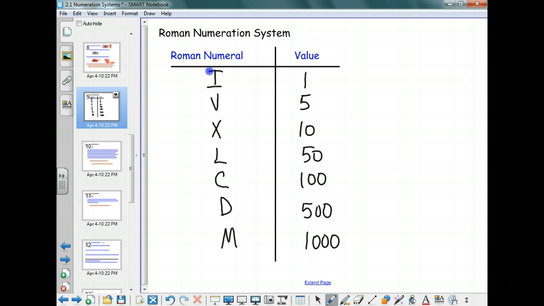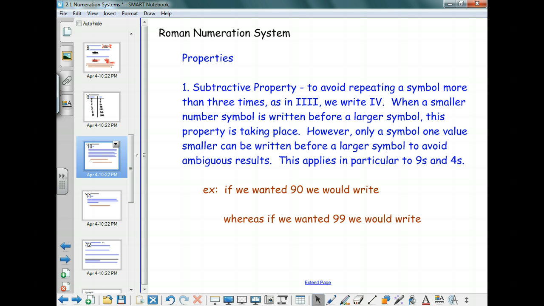All right, so they have some interesting properties to their numbers that we don't have in our system. In some sense, this is interesting and different, but it's a little bit awkward too. So let's take a look at some of their properties. They have 2 sets of properties. No, we really don't have time to get into it. Okay, so let me just say what they are. There's a subtractive property, which you're probably aware of. For instance, the number 9.